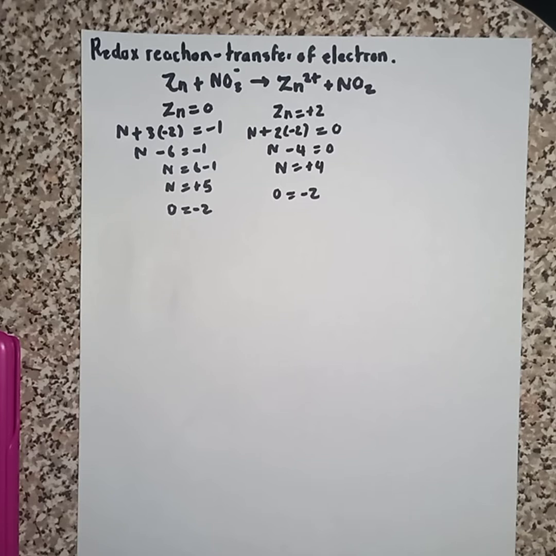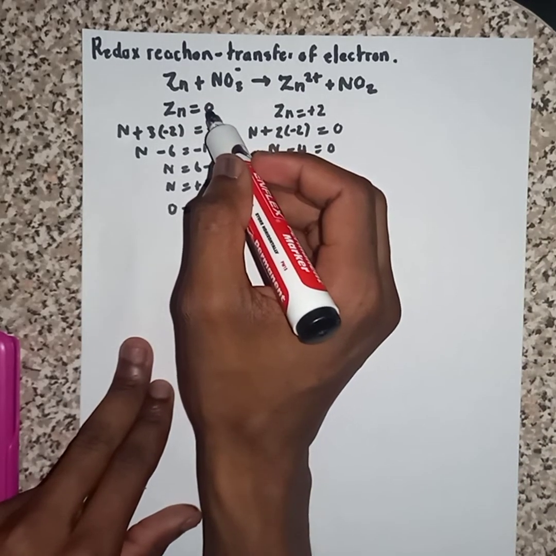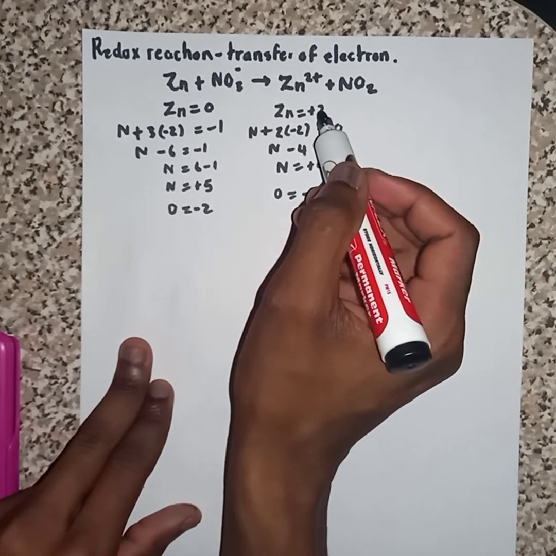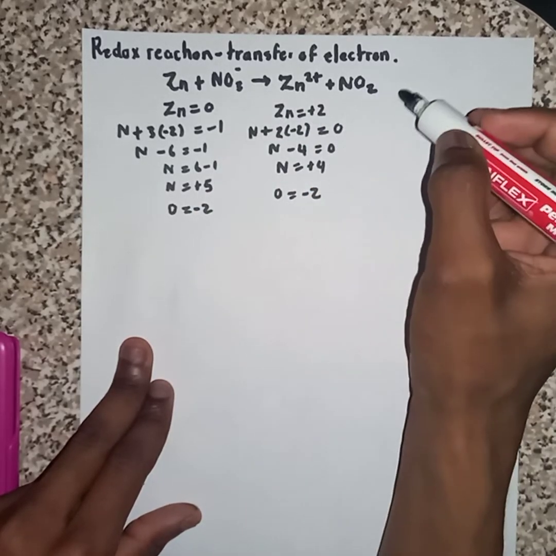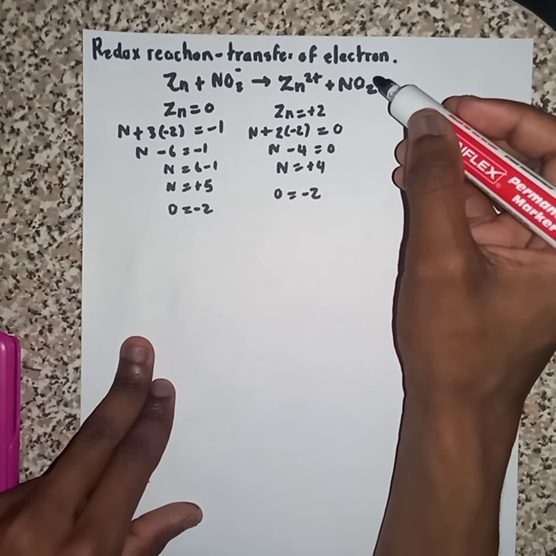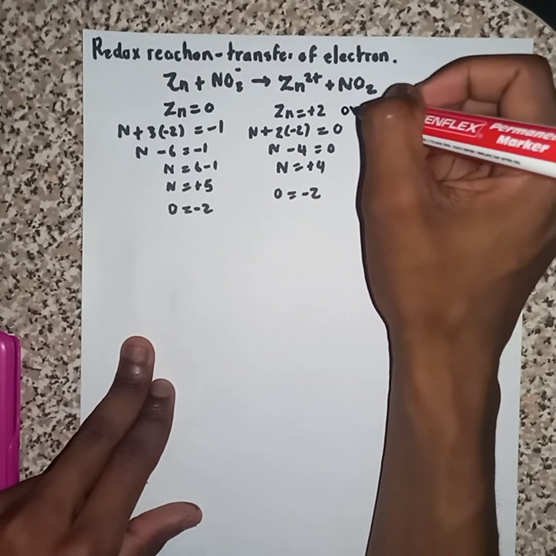Now we are going to look at them from the left hand side to the right hand side. For zinc, we have 0 oxidation number. Afterward, we had +2. The oxidation number of zinc has increased. The moment the oxidation number increases, we say such is an oxidation.